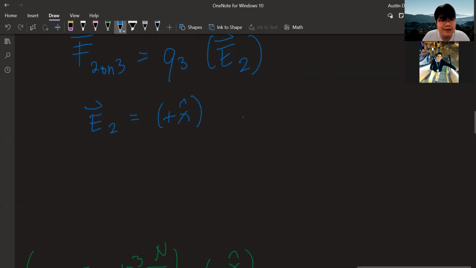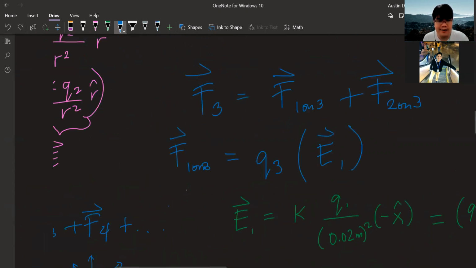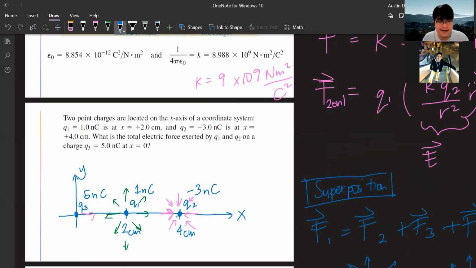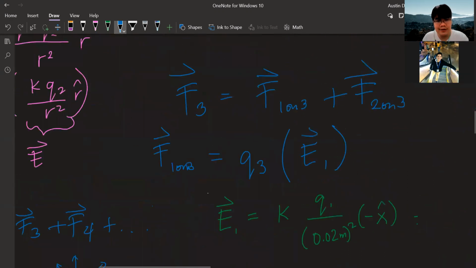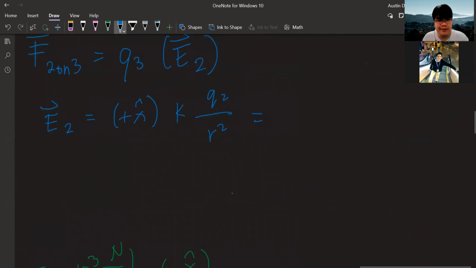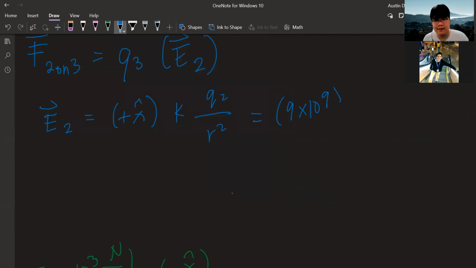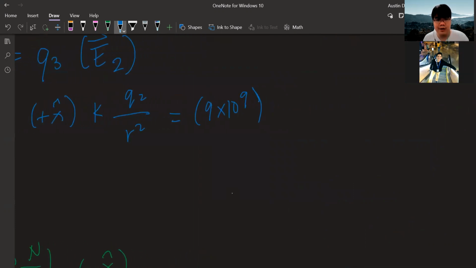Okay, so let's just put in what we need. KQ, KQ2 over R squared. Your R, in this case, is the distance between Q3 and Q2. So that's 4 centimeters. Then 3 nanocoulombs is the charge. Let's write the values. 9 times 10 to the 9th power. Then Q2 is negative 3.